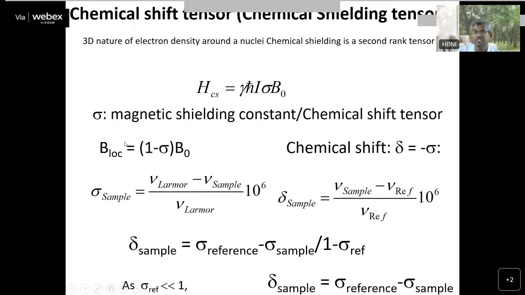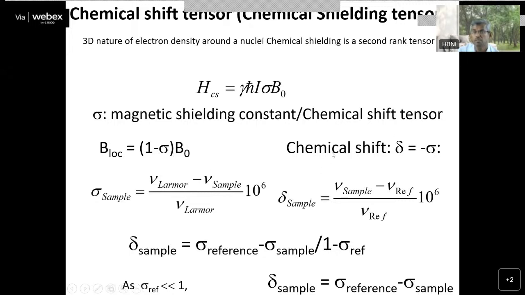And B localized is the local magnetic field felt at the nucleus. Because sigma's sign is different, as one is electron and the other is nucleus, that is why the negative term comes here. Because of the charge difference only, we have this minus. So B0 (1 minus sigma) is the local field.